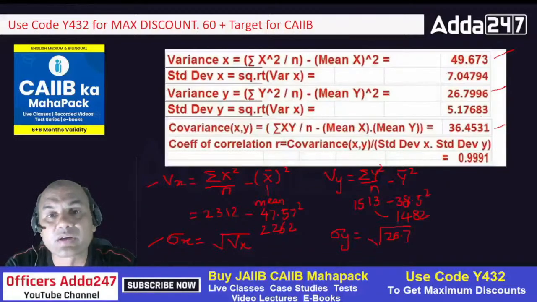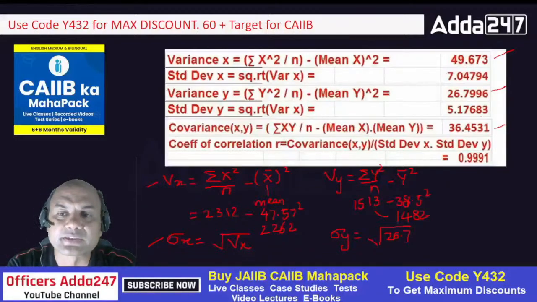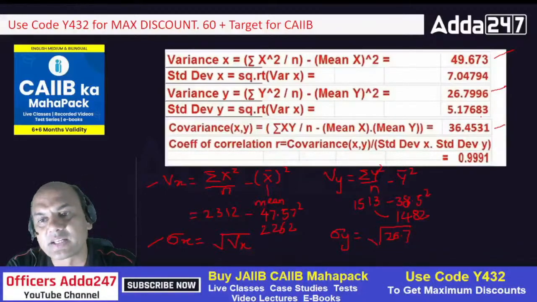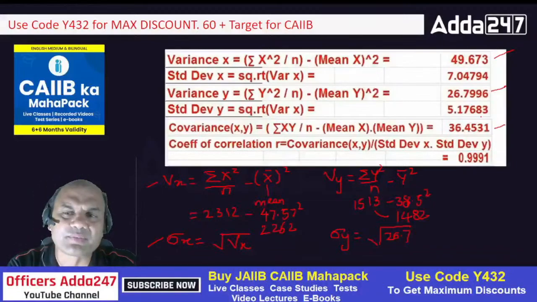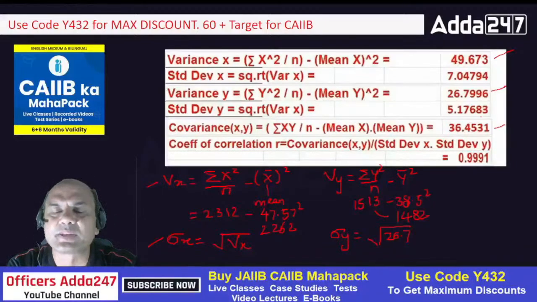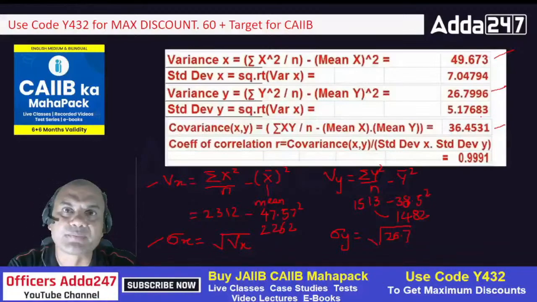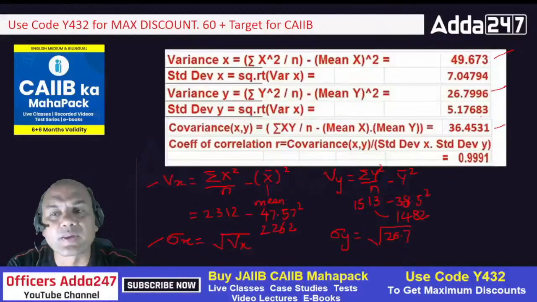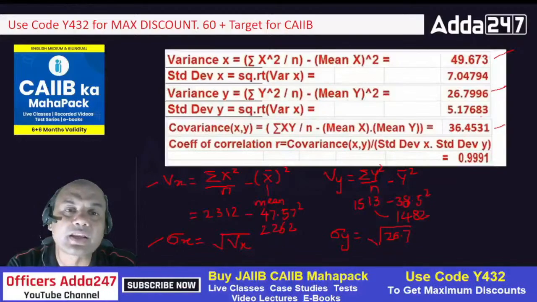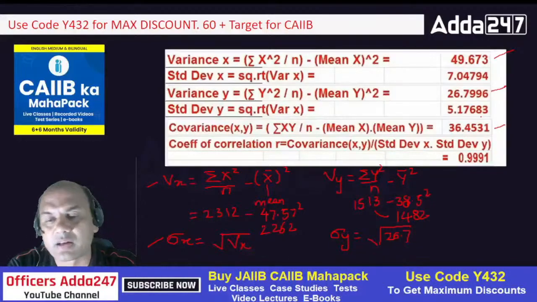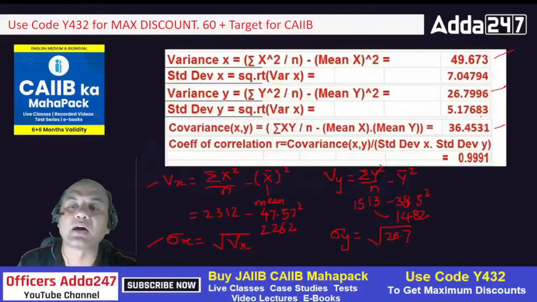Remember this: if R equals +1, it is perfect positive; if R equals -1, it is perfect negative. If R equals 0, there is no linear relationship; they move anyhow. If it is near 1, let's say 0.8, then it is positive, but if it is -0.8, then it is negative but not perfect negative.